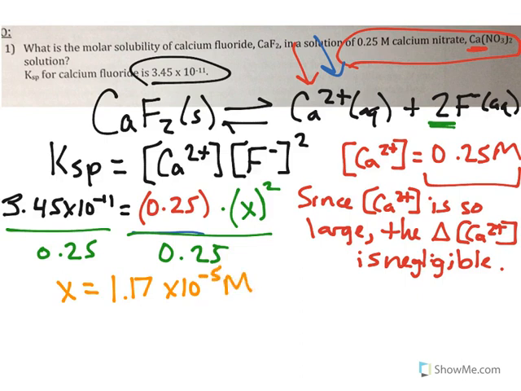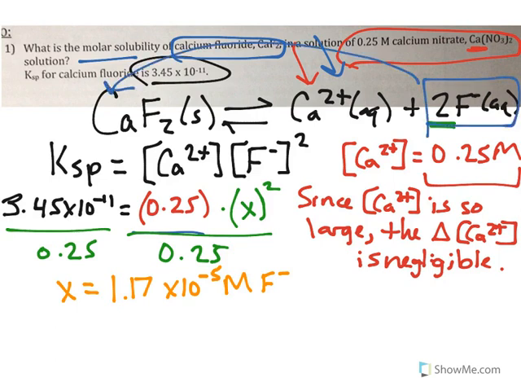But remember what you just solved for. We set X to equal the fluoride ion concentration. So this is the molarity of the fluoride ions. But that's not what this question asked. This question asked what's the molar solubility of calcium fluoride. Well, for every 2 fluorines present, 1 of these calcium fluorides had to have dissolved.